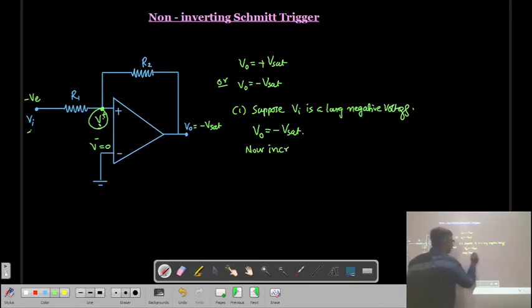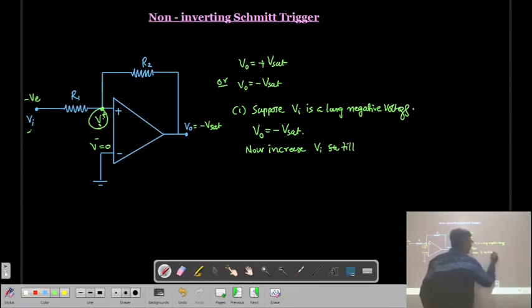Now increase the input voltage till the V plus becomes 0.